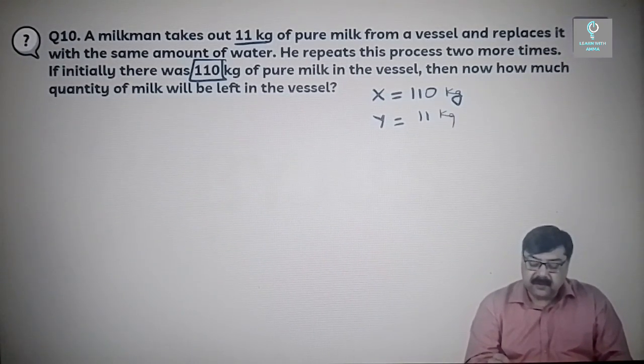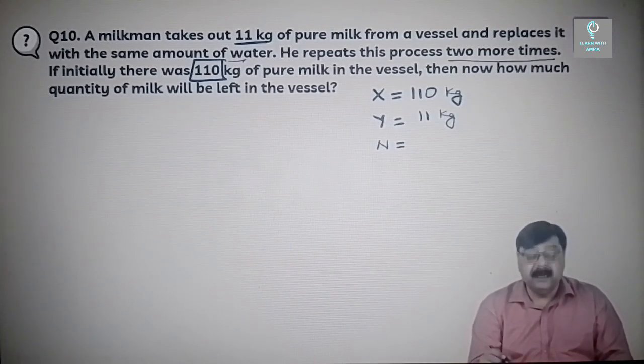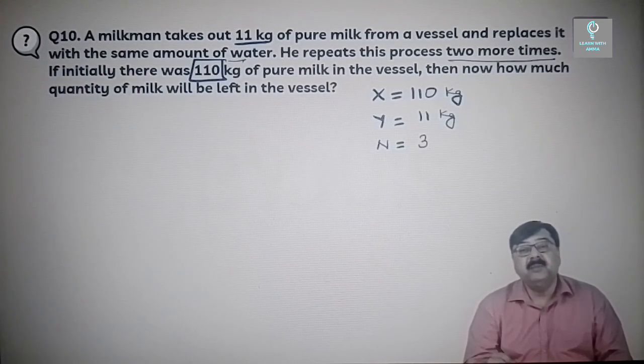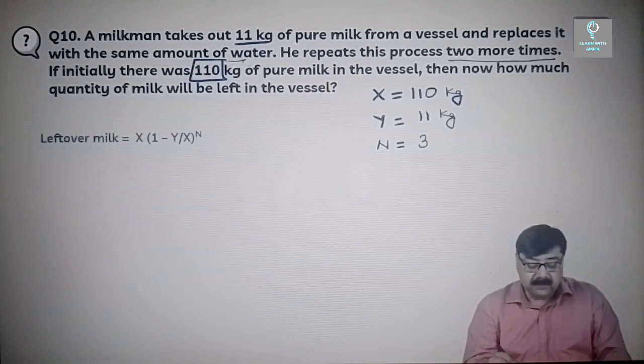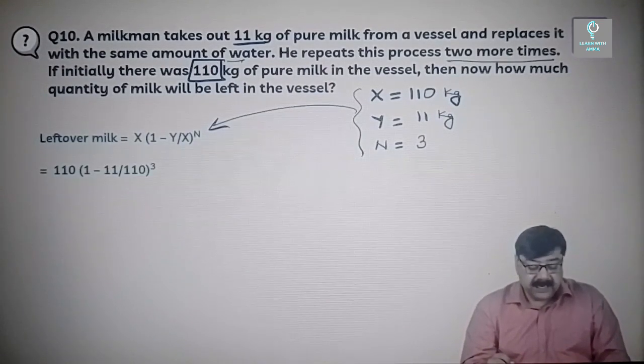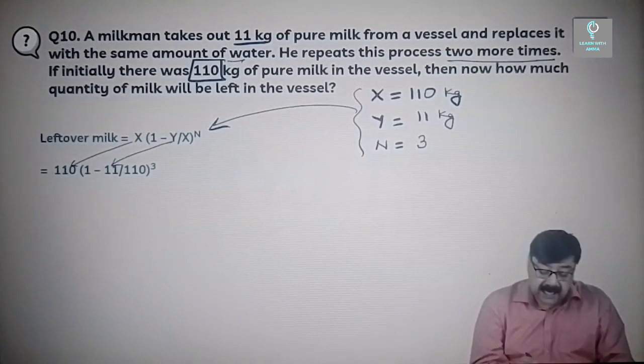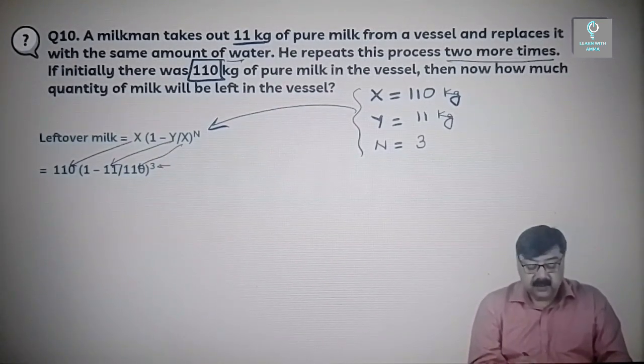So the value of y here is 11 kg. And the number of times this process is repeated, after the first time, 2 more times. That means the value of n here should be equal to 3. So just simply by substituting these values into the formula, what we get here is 110 into (1 minus 11 by 110) raised to 3.